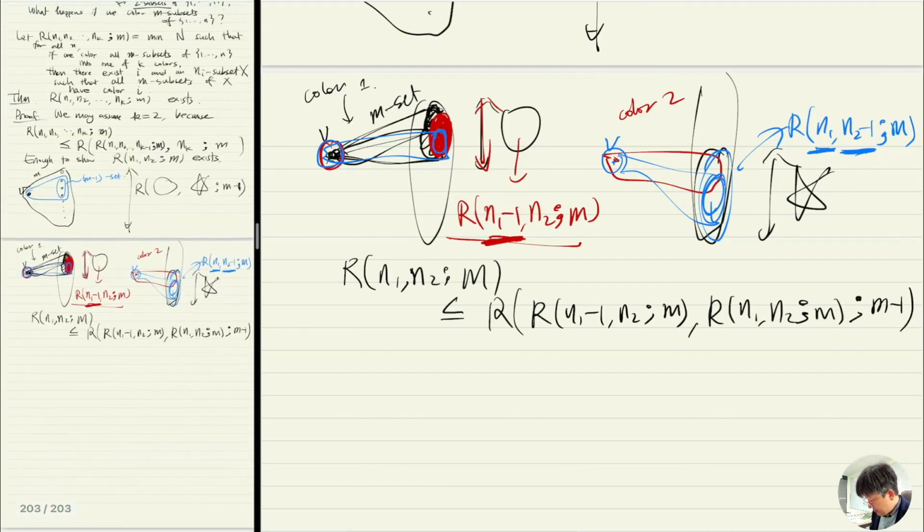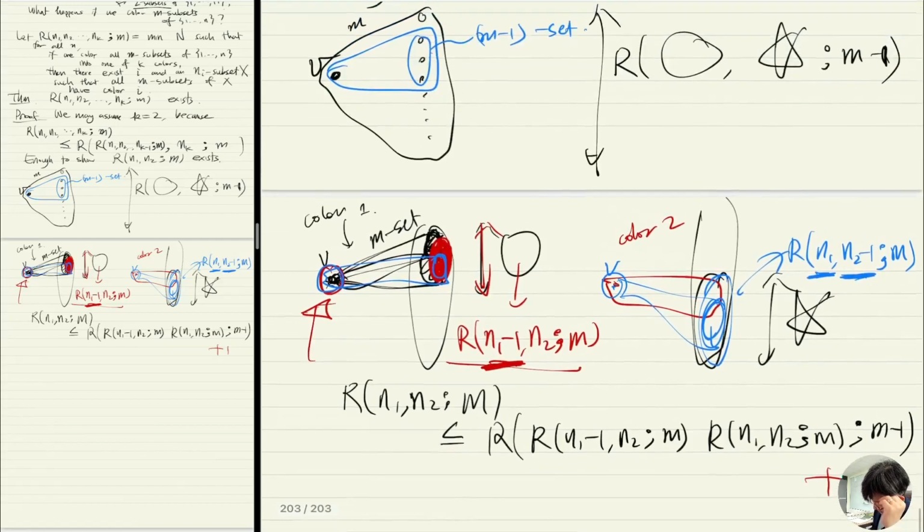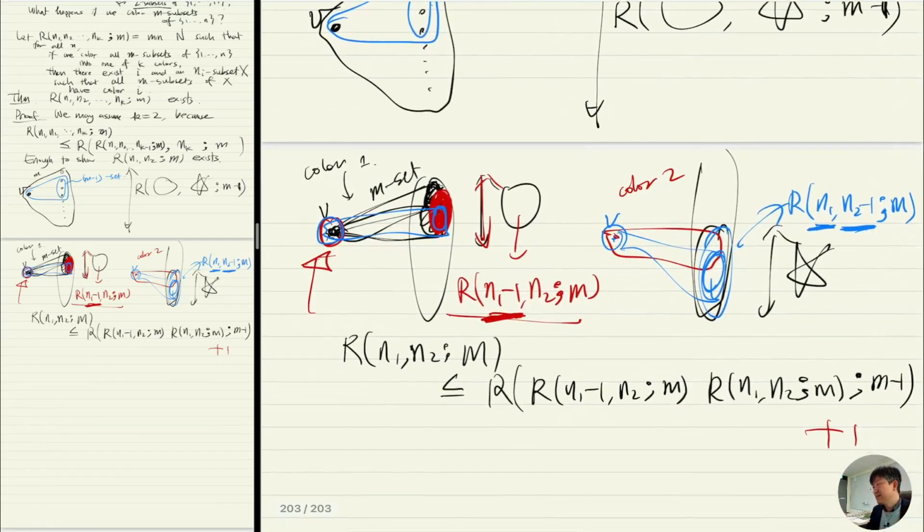So this implies that whenever I have this set, I can find, oh, but plus 1, because I need one vertex here. So whenever I have this number of elements, then I will find a subset of size n1 whose all m-subsets have color 1, or a subset of size n2 whose all subsets have color 2.